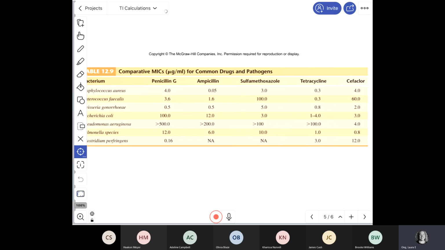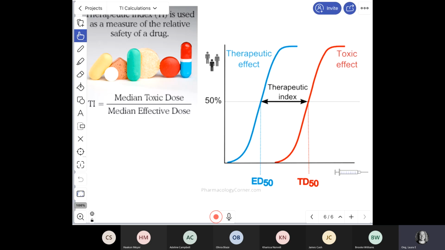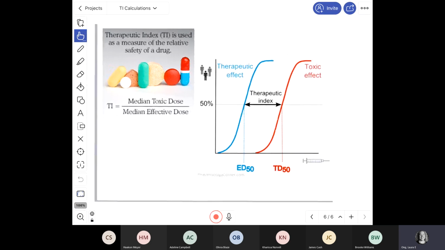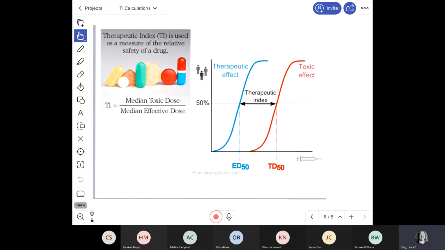I'm again going to skip over this slide and go to this one. So when we're prescribing drugs to people, we want the drug to be effective at killing the microbe, and we want the drug not to kill the people.